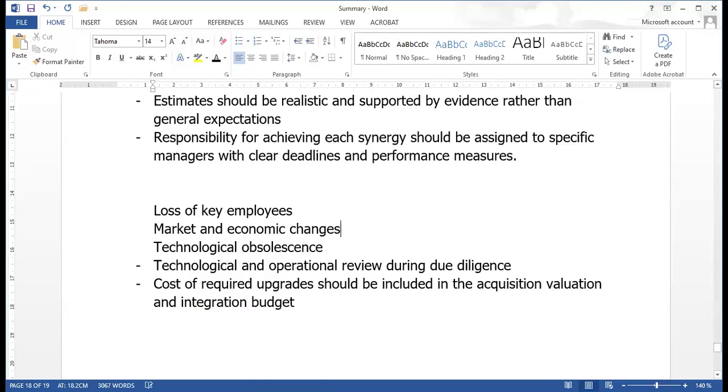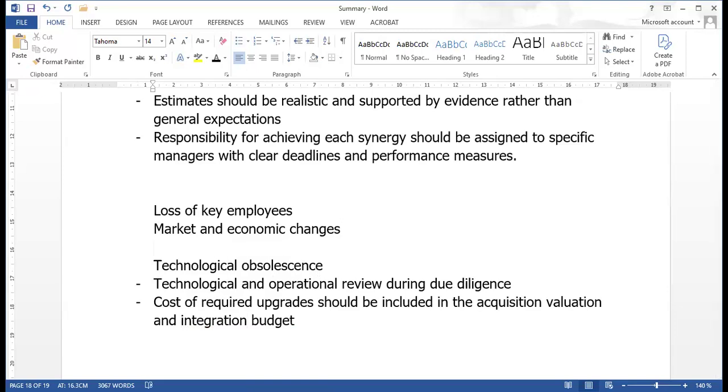That is the technology, but also market and economy. You will find that there are changes in the Tanzanian hospitality market or tourism industry, or customer preferences have changed, or there are changes in taxation and government regulation.